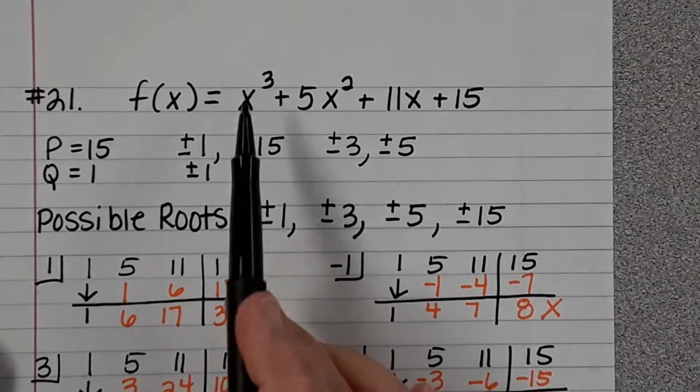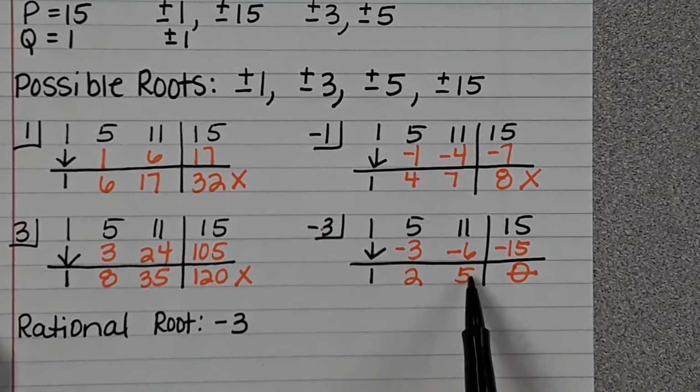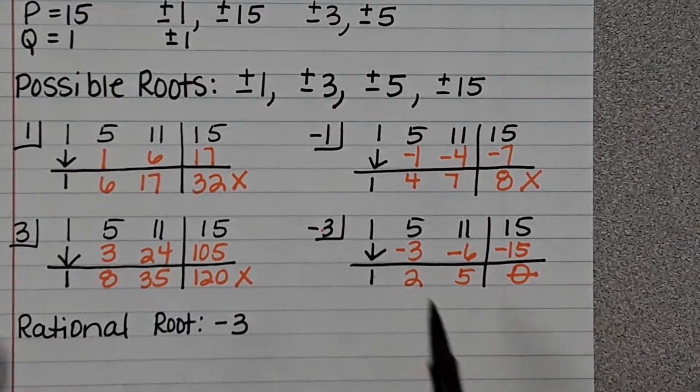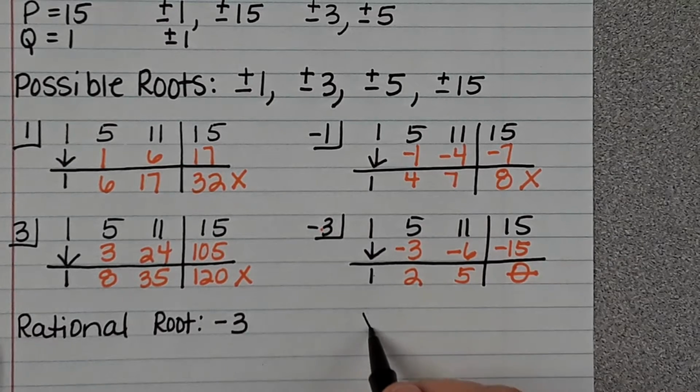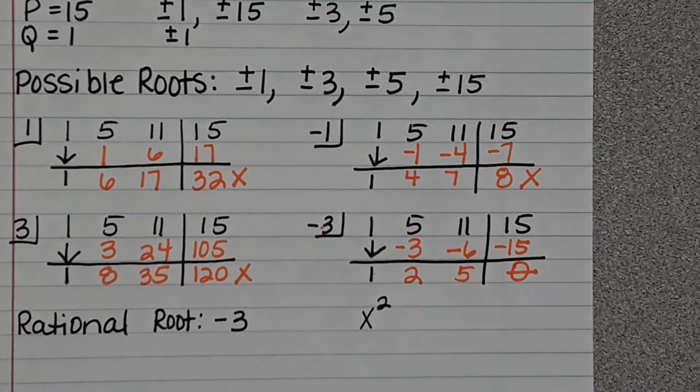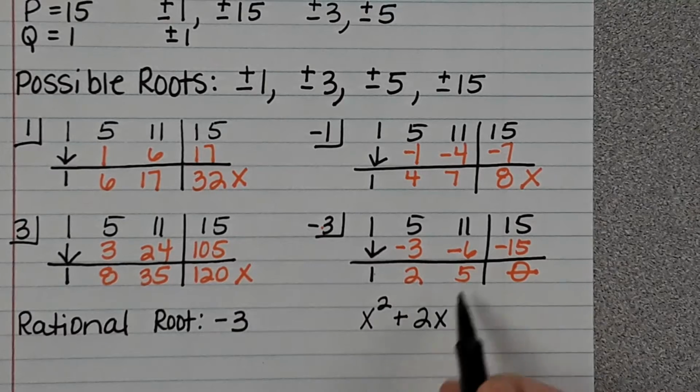My function was x to the third plus 5x squared. So my new compressed function, that's these 3 numbers, would be 1x squared. So it would be x squared, because you always take it down 1. Then the next term would be plus 2x. 5 is positive, so we put positive 5.